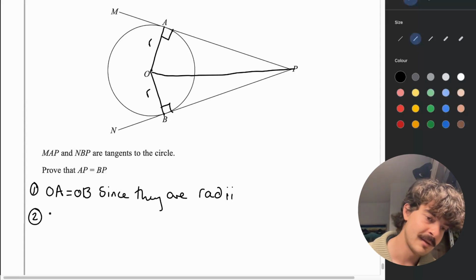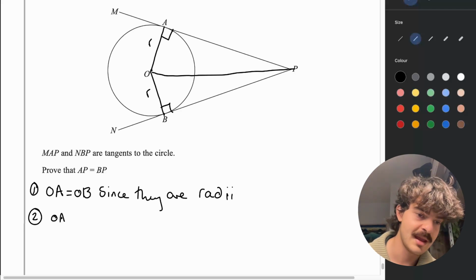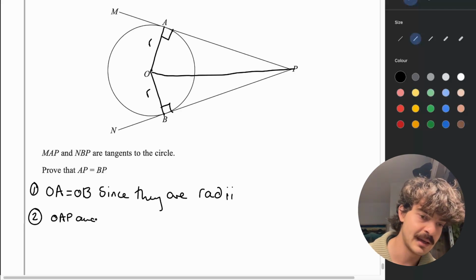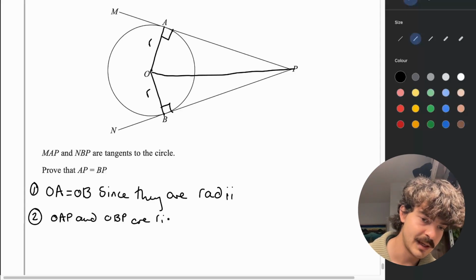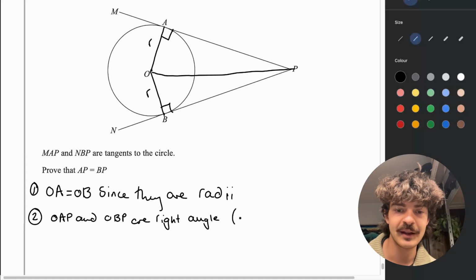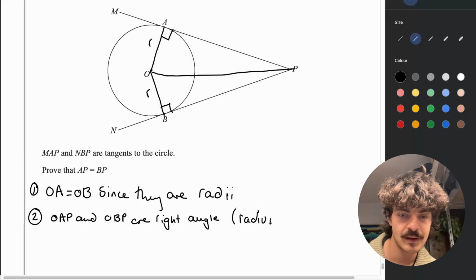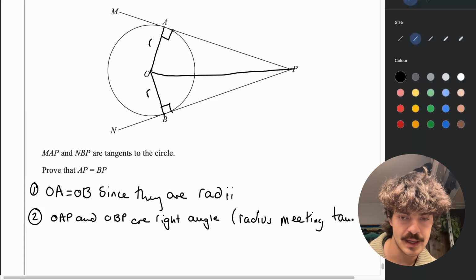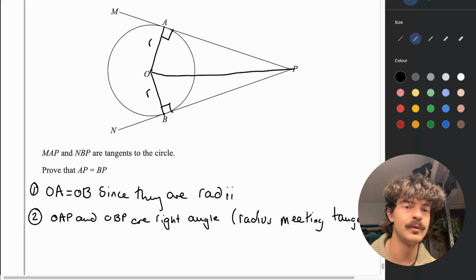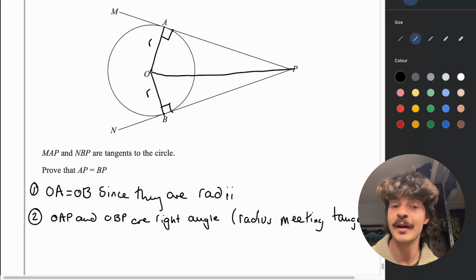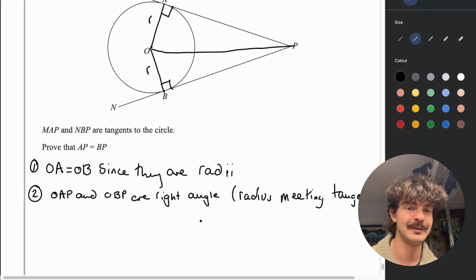So the angles OAP and OBP are right angles. And you could explain this by saying it's the radius meeting a tangent. Cool. So there you go. They're now sharing a right angle.